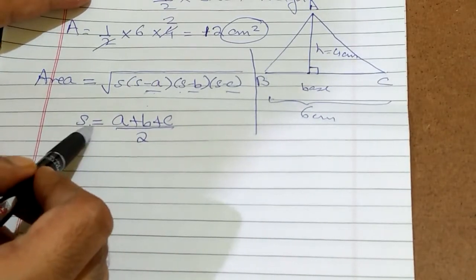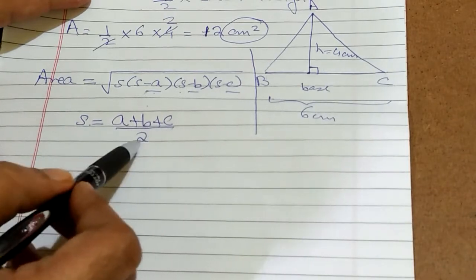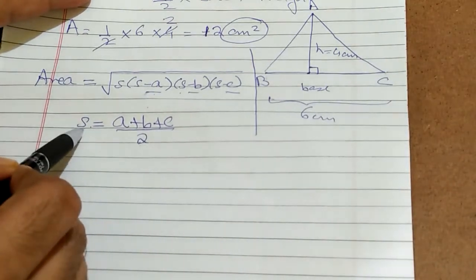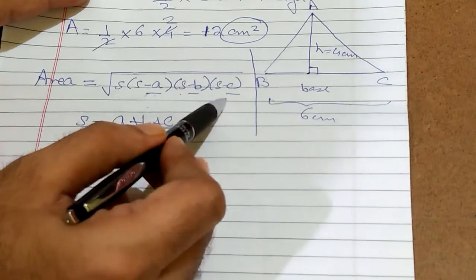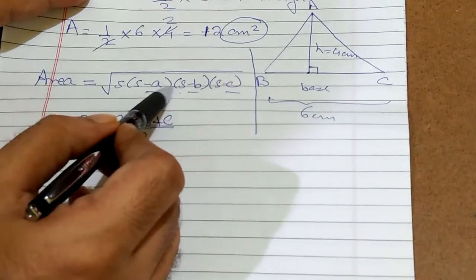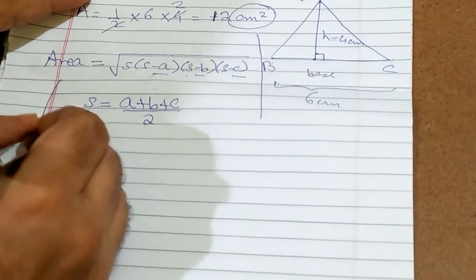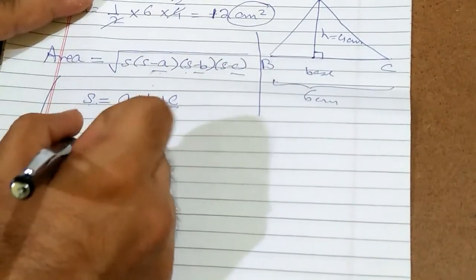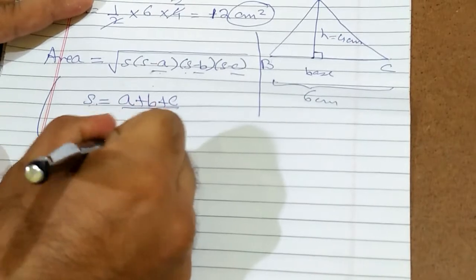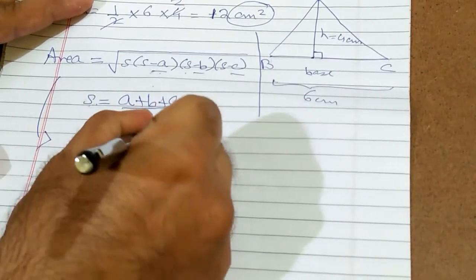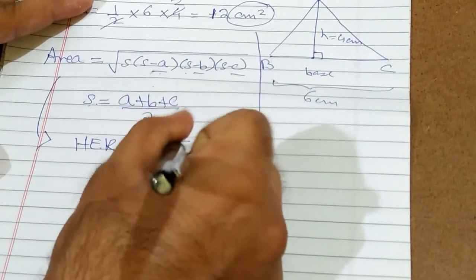That means s is the semi perimeter. When you add all the three sides and divide it by 2, you get s, and the s you can apply in this formula. Area is equal to root over s into s minus a, s minus b, s minus c. And what do we call this formula? We call this Heron's formula.